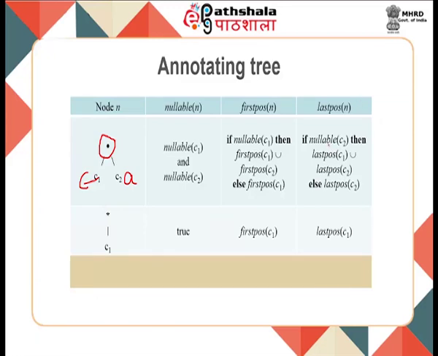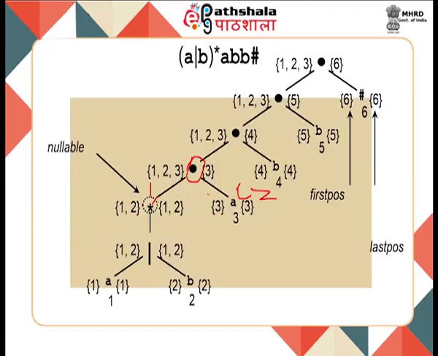If C2 is nullable, then it is union, else it is last position of C2 alone. So here this is not nullable, therefore last position of this node is only 3. Okay. So here for this interior node, left child is nullable, right child is not nullable. So C1 is nullable. Since C1 is nullable, first position will be the union of the first positions of this and this, which is 1, 2, 3, and last position is simply the last position of C2.